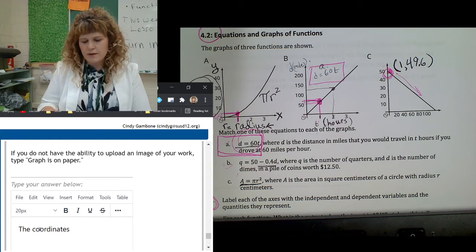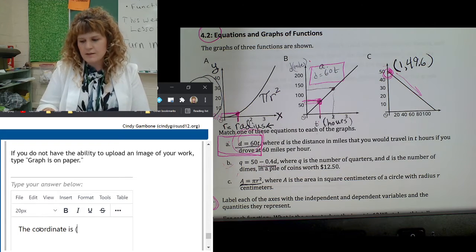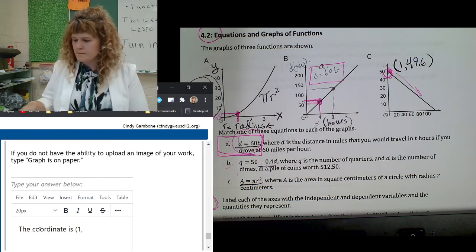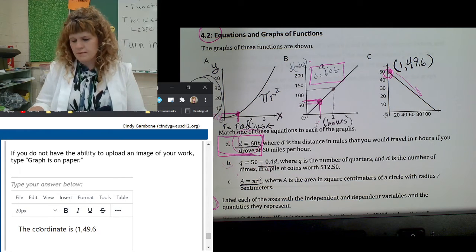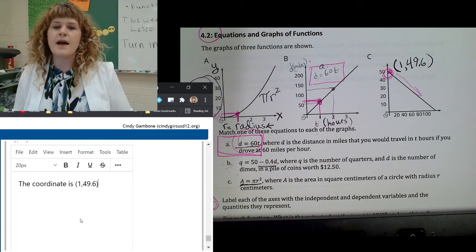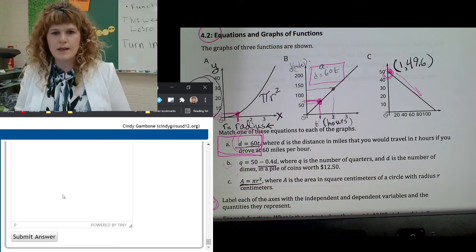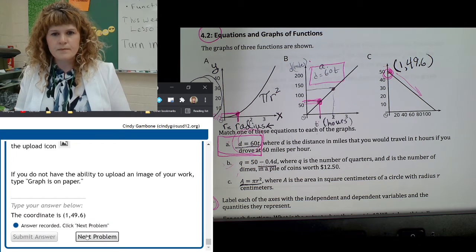Remember, when you type in coordinates, please don't forget that the x coordinate comes first in the parentheses, x before y.